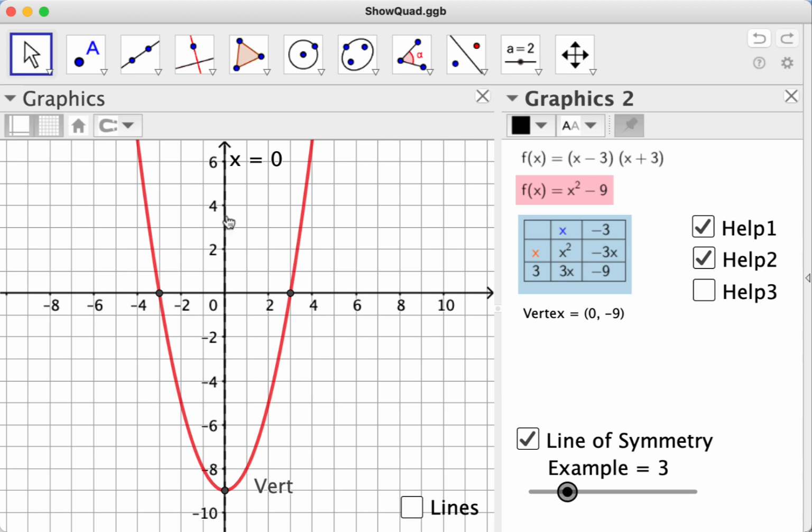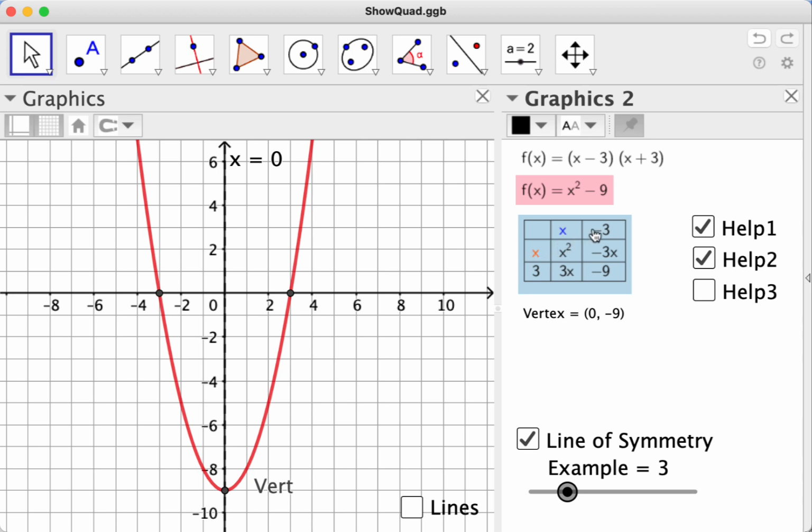One thing to make note of here, though, is that we have, in this case, x minus 3 times x plus 3. So instead of having two values that have different absolute values, our negative 3 and our positive 3 are opposites of each other. They have the same absolute value. Notice what happens when we do out the multiplication here.